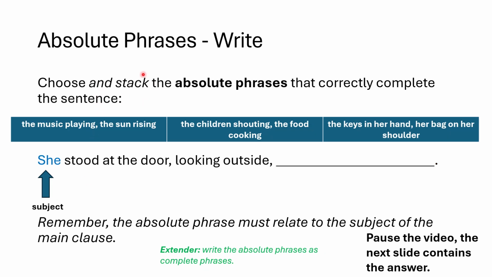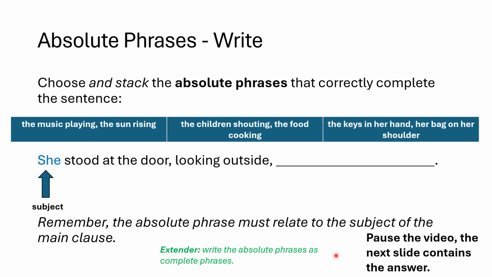Choose and stack the absolute phrases that correctly complete the sentence. She stood at the door, looking outside, the music playing, the sun rising, the children shouting, the food cooking, the keys in her hand, her bag on her shoulder. Pause the video.